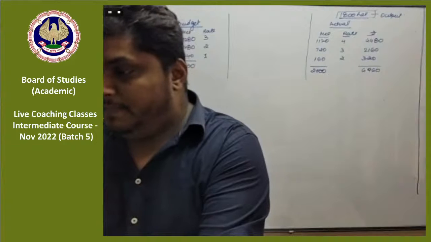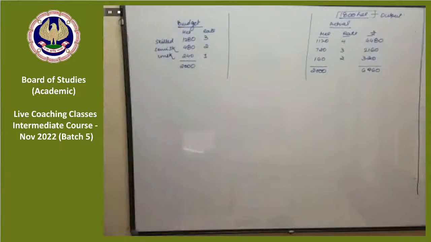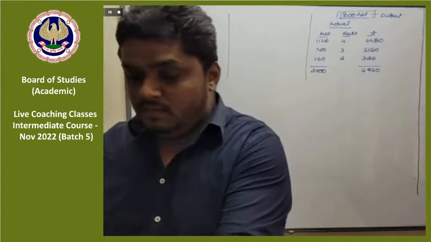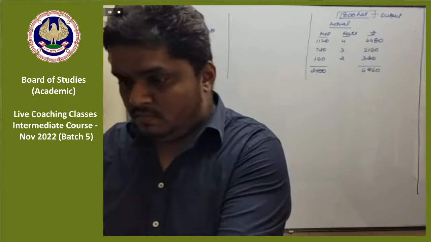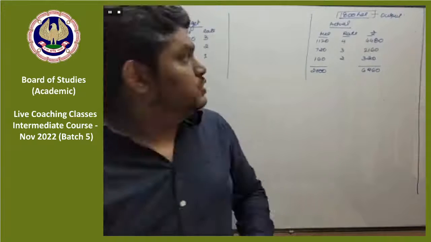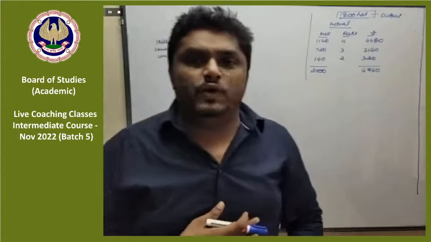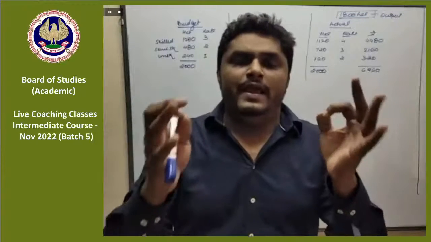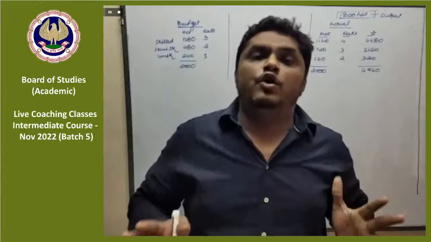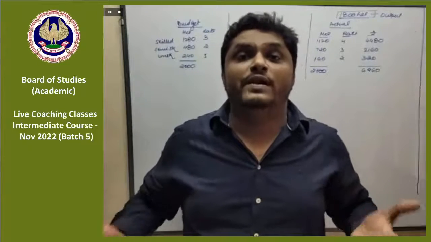Very good, Ria. One second, guys. So this is the information given in the question, that is, the budgeted data and the actual data. Here the output is not given in units, it is given in hours.